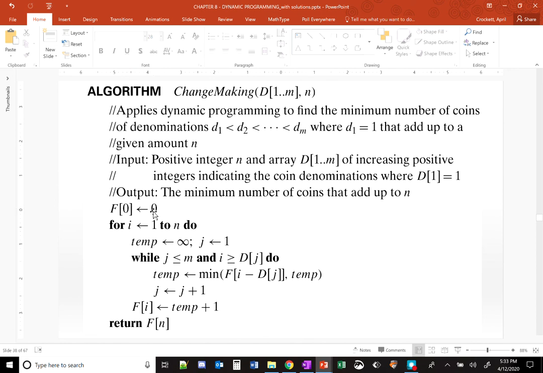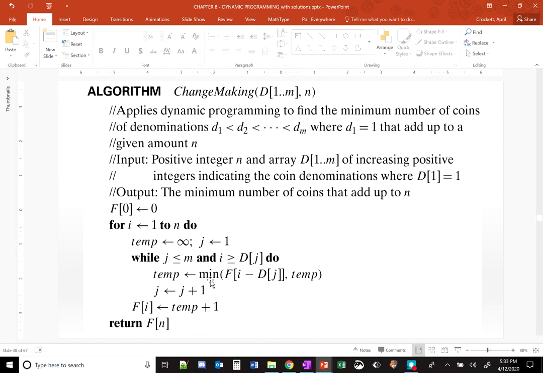But we initialize the very first element in this table to 0. Then we have an outer for loop for i equals 1 to n, and I used i as well when I was going through this algorithm. We also have a temporary variable which begins at infinity, and j, another temporary variable, set to 1.